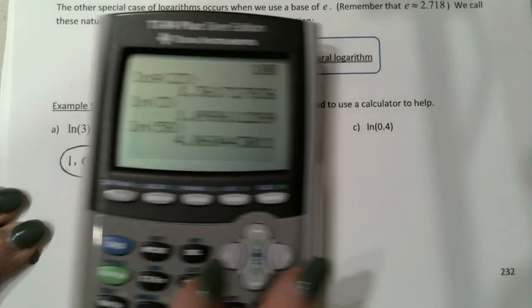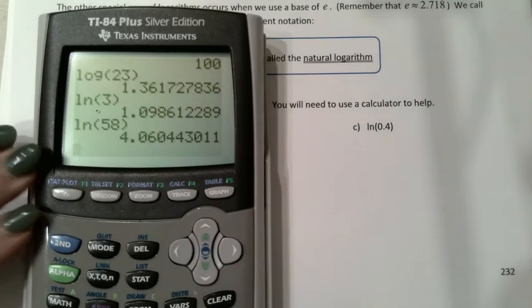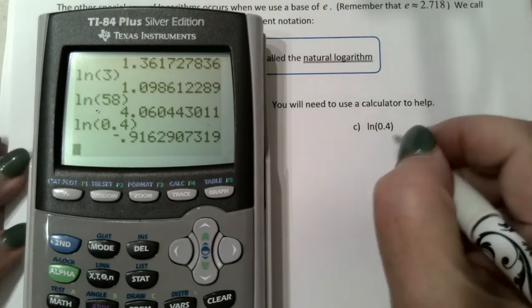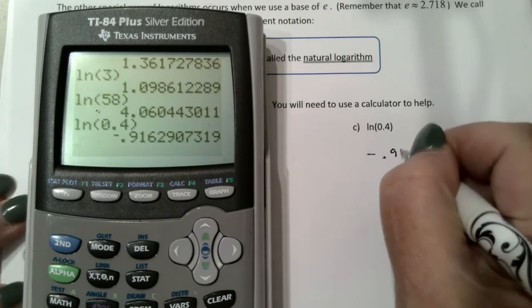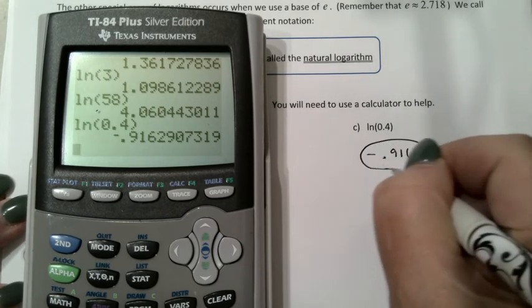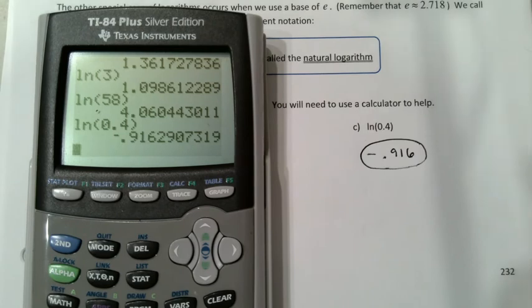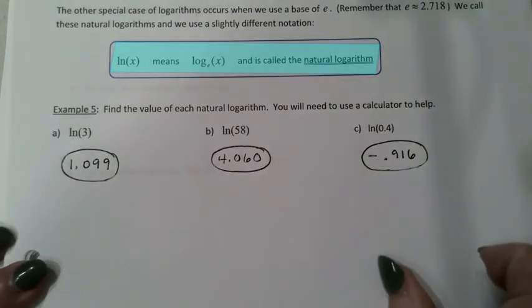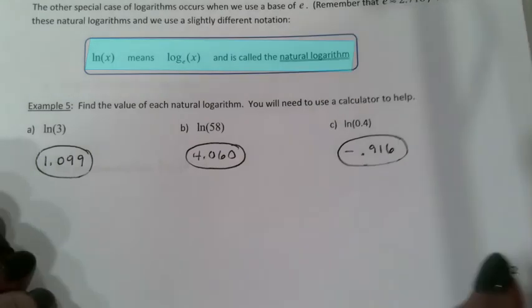And our last one over here, the natural log of 0.4 is about negative 0.916. So natural logs typically have to be done in the calculator.